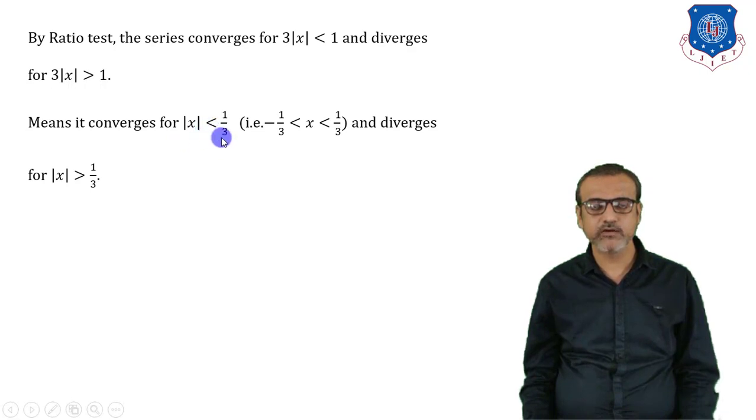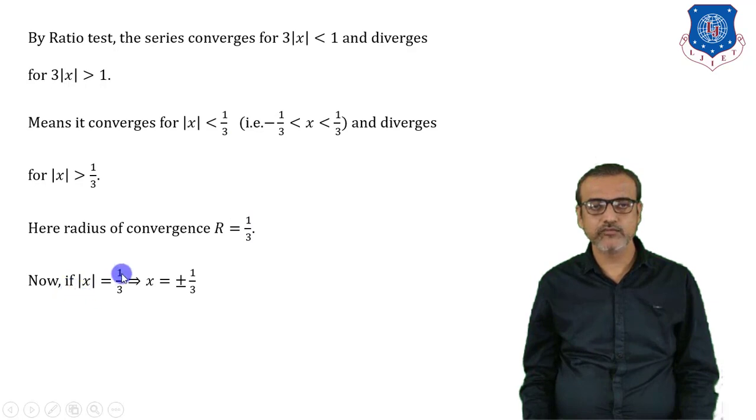And mod x less than 1 upon 3 is nothing but minus 1 upon 3 less than x less than 1 upon 3, and it diverges for mod x greater than 1 upon 3. Here the radius of convergence r is 1 upon 3. Now if mod x equals 1 upon 3, that is x equals plus minus 1 upon 3.